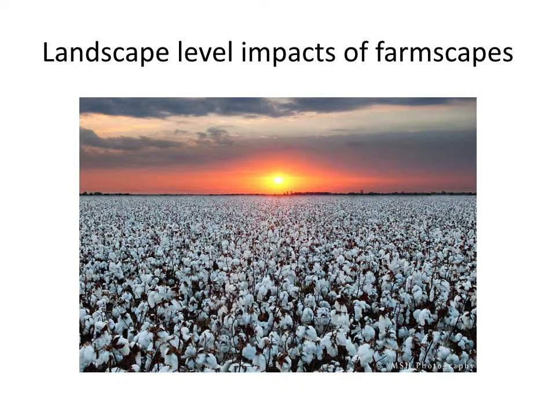These farms are essentially monocrops on a massive scale. And even though it's very beautiful to look at, that has very obvious impacts on the landscape level of biodiversity. You can't escape the fact that this farm is essentially a landscape level farm.